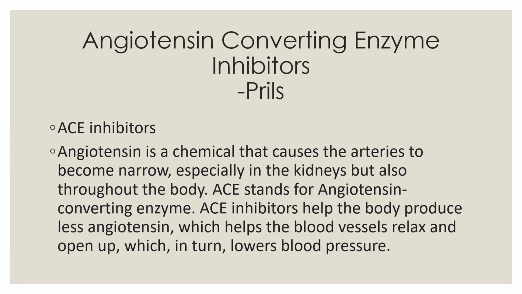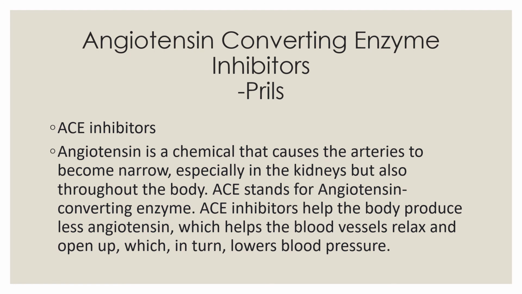So angiotensin converting enzyme inhibitors, or your prils. These are called ACE inhibitors for short. And they inhibit the enzyme that converts angiotensin 1 to angiotensin 2. So angiotensin is a chemical that causes the arteries to vasoconstrict, and it is specific to the kidneys as well as throughout the body.